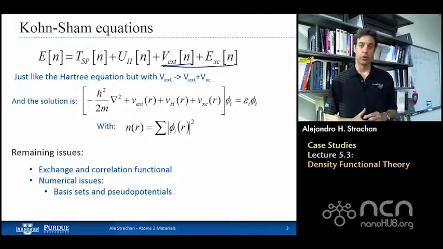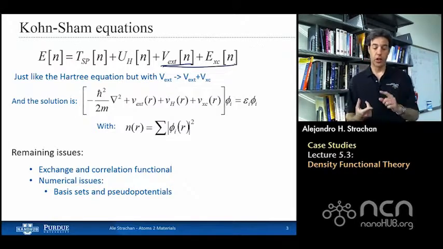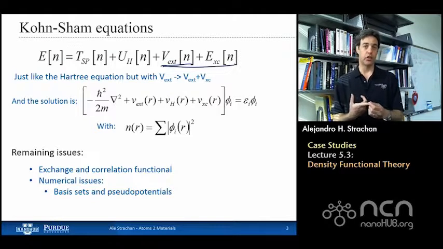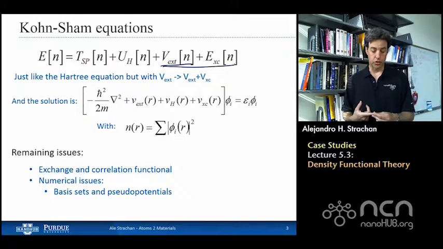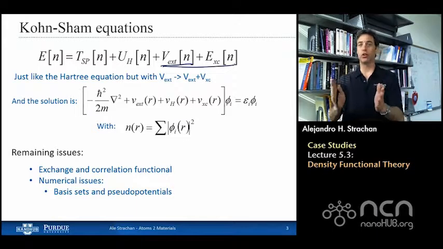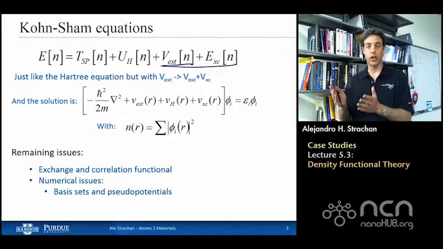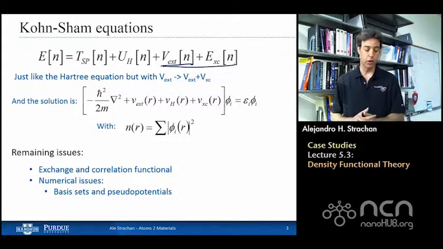So the remaining issues that we'll discuss very briefly in the next few slides is how do we approximate this exchange and correlation functional that we know exists. If we knew the exact value, then the theory would be exact. Unfortunately, up to this point, we don't know it.